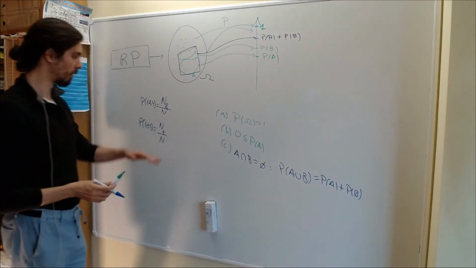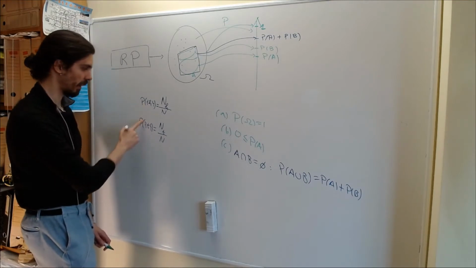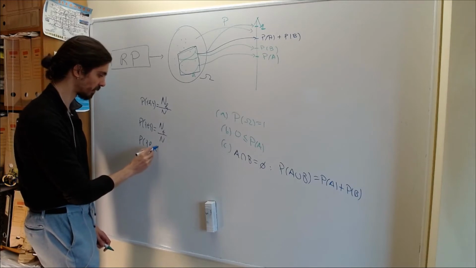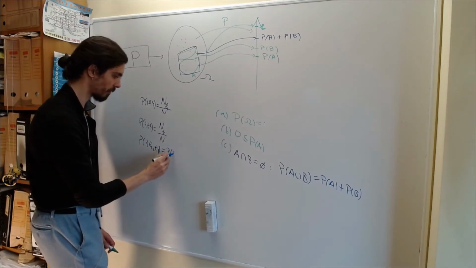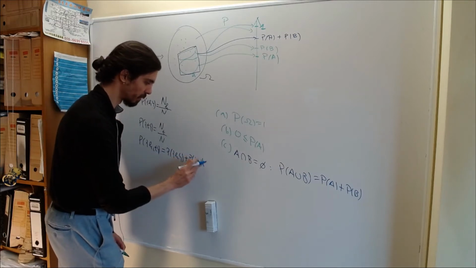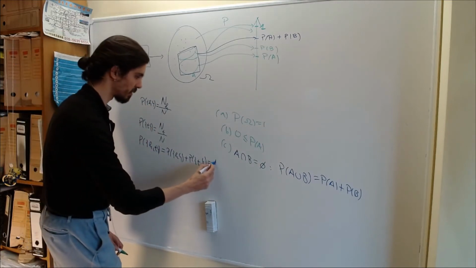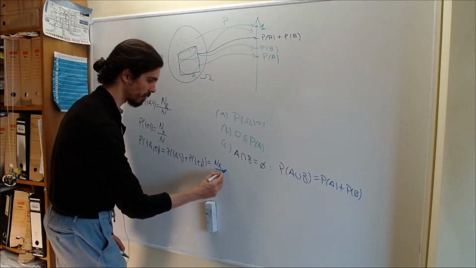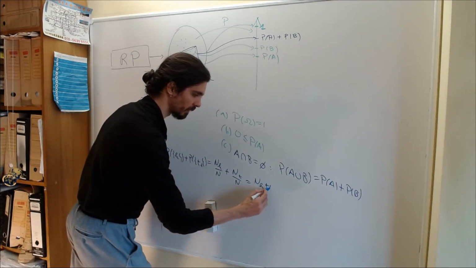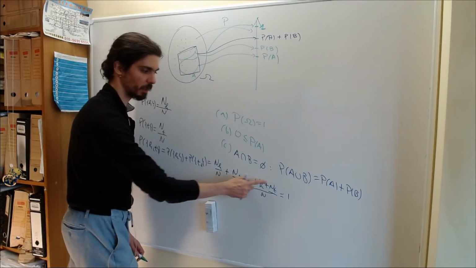Okay, this is good, because these events are disjoint, the probability of heads or tails is the probability of heads plus probability of tails. But look at the result. This is nh divided by n plus nt divided by n, but this is nh plus nt divided by n, but this is just 1, because nh plus nt is n.